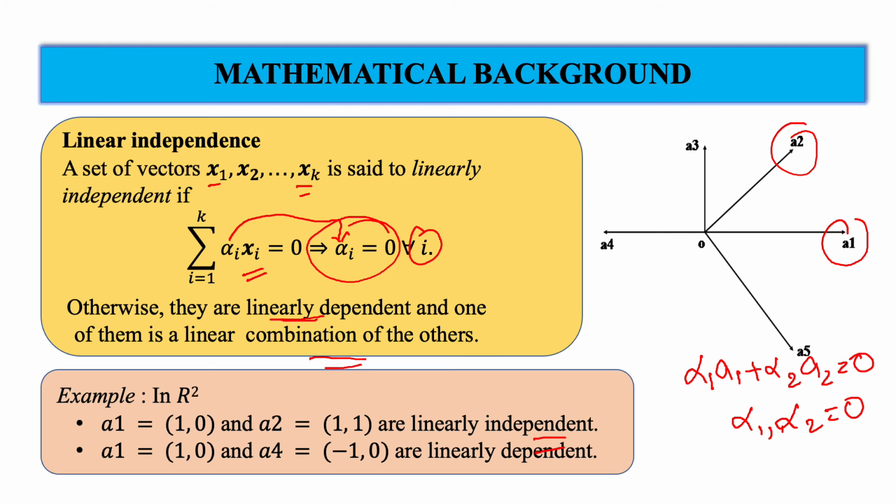On the other hand, if you take A1 and A4, where A1 is (1, 0) and A4 is (-1, 0), they are linearly dependent, because one can easily see that A4 can be written as minus A1.